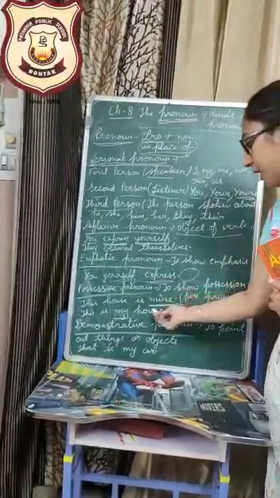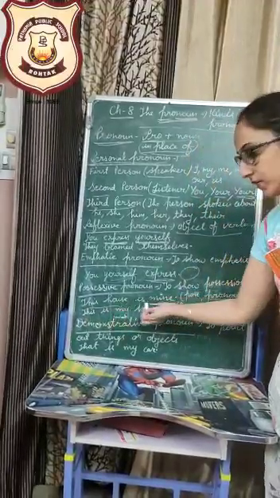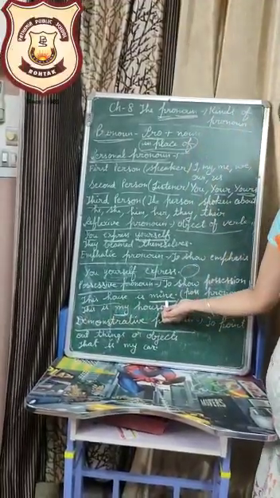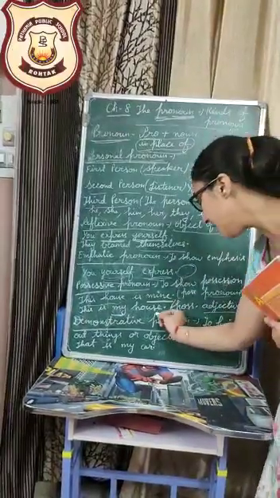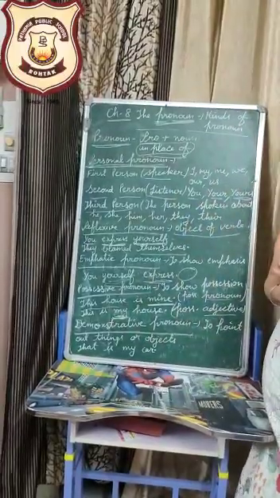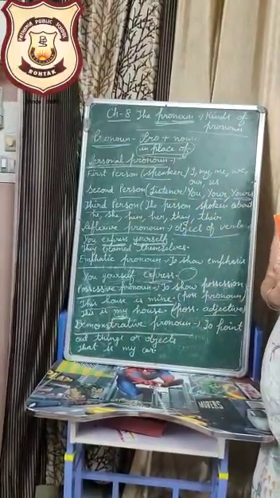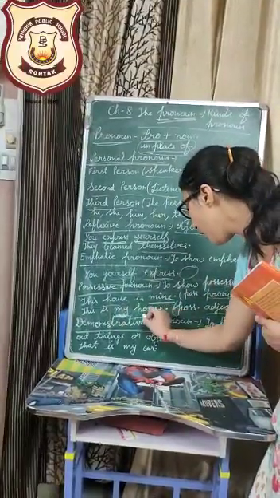Okay, we are using it in place of noun. Whose house is this? We are saying this is mine. So mine, we are using it here in place of noun. And in next sentence, this is my house. My is a possessive adjective. Why is it an adjective? Because adjective is showing the quality of a noun.